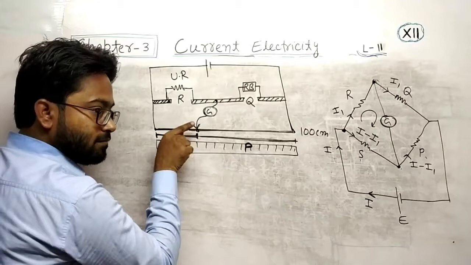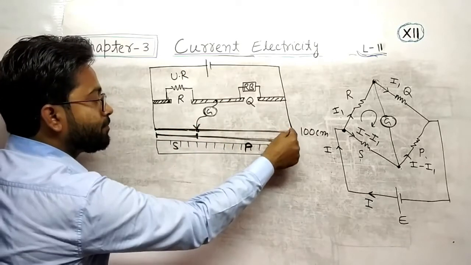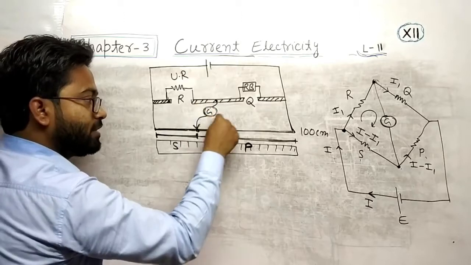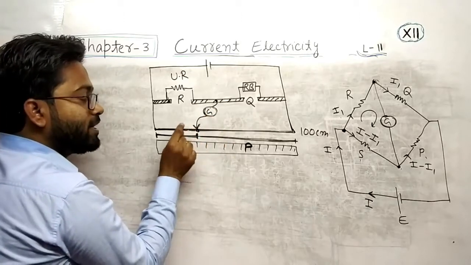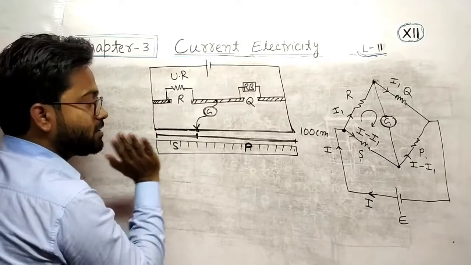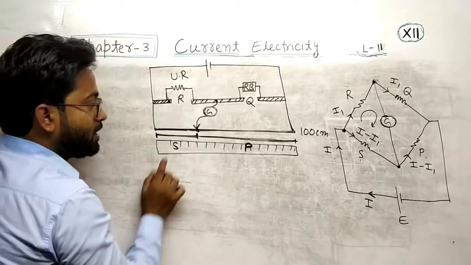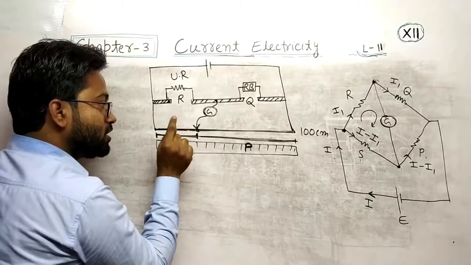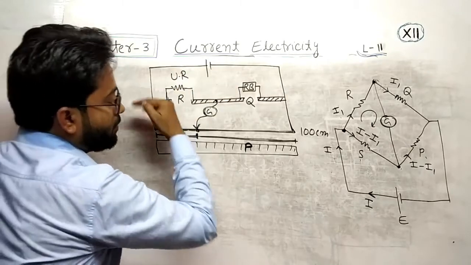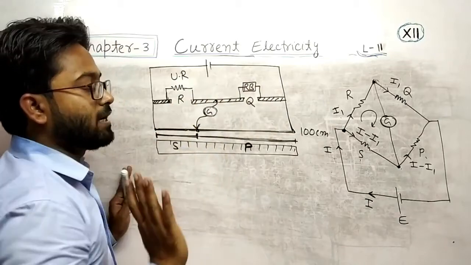We slide the jockey on the wire where there is no deflection in the galvanometer. That point is known as the null point, means 0 point, means there is no deflection in the galvanometer. If there is no deflection, that means the meter bridge is balanced.